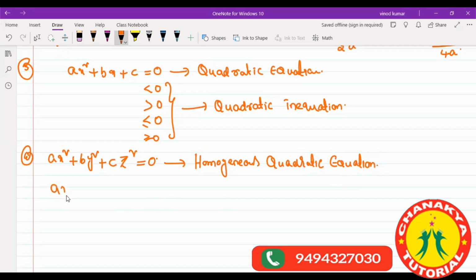Suppose ax square plus by plus c equal to 0, this is a non-homogeneous quadratic equation.